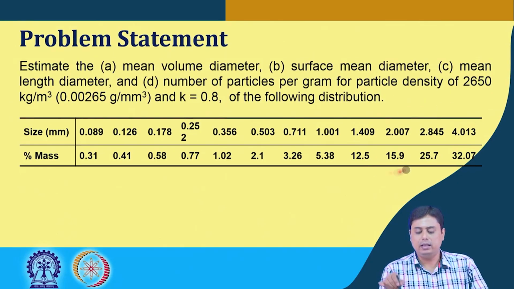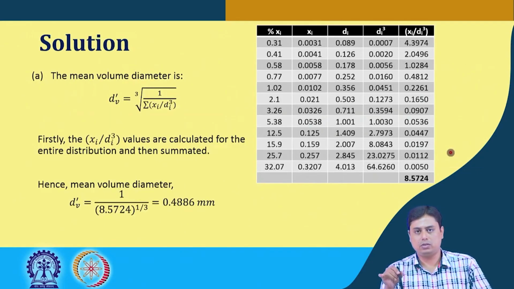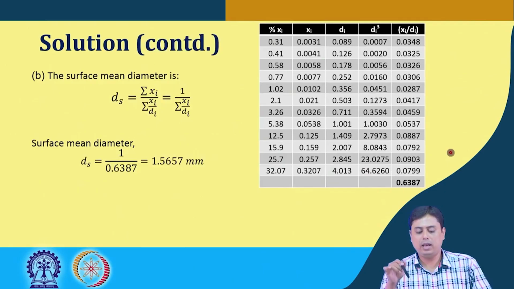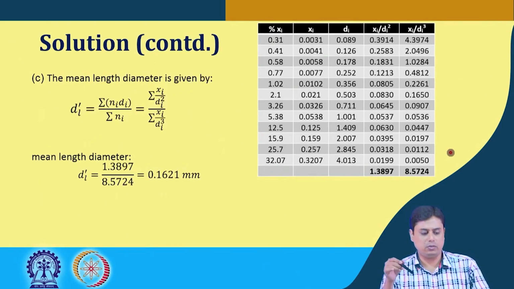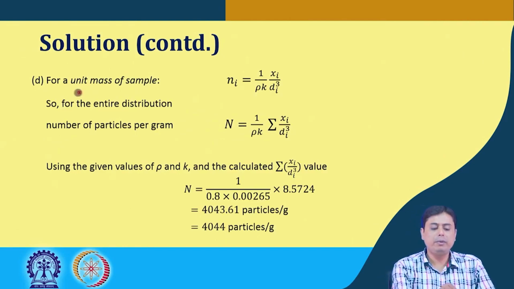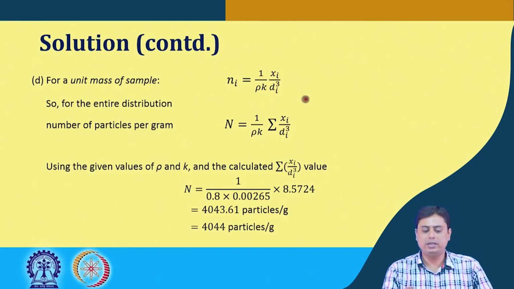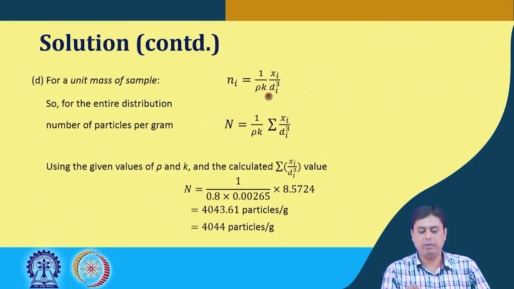Again we are linking this mass distribution with the total number distribution. If you remember this expression, for unit mass of sample, this is the relation between n and x, where rho is the density and k is the shape dependent factor, which is 0.8 here.